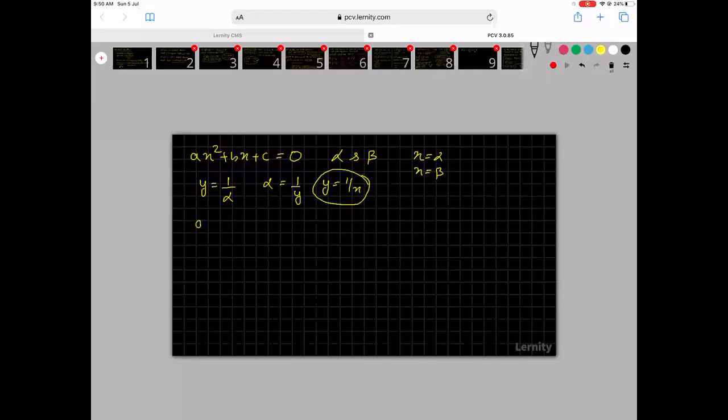So I'll have a into 1 by x the whole squared plus b by x plus c is equal to 0. On rearrangement, I'll get a plus bx plus cx square is equal to 0.